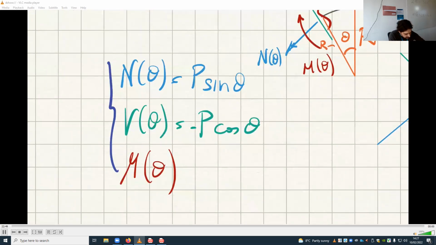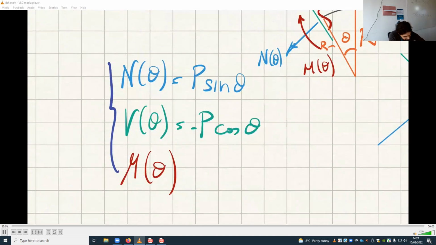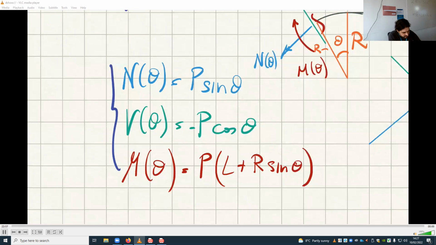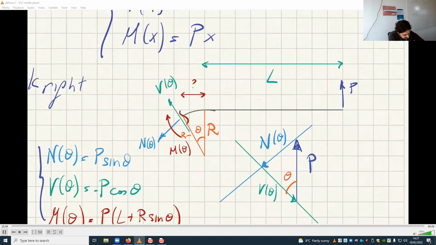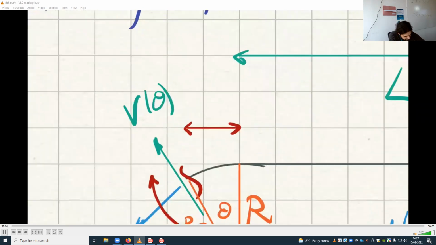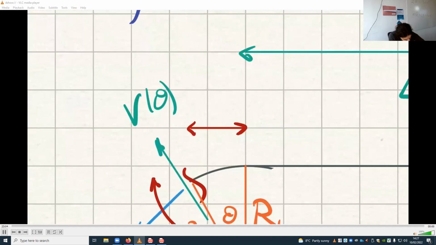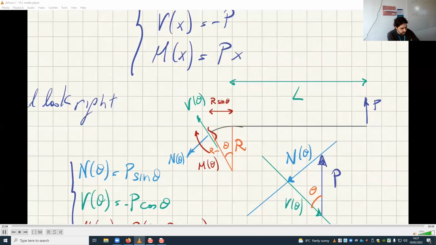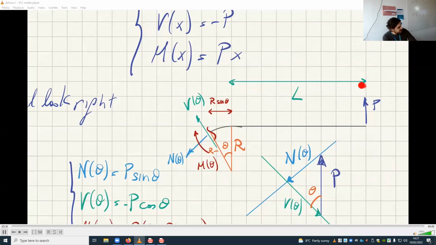So M of theta is P plus L plus R sine theta. So let me put this here. This is R sine theta. Okay, so P is force times perpendicular distance, so it's P times L plus R sine theta.